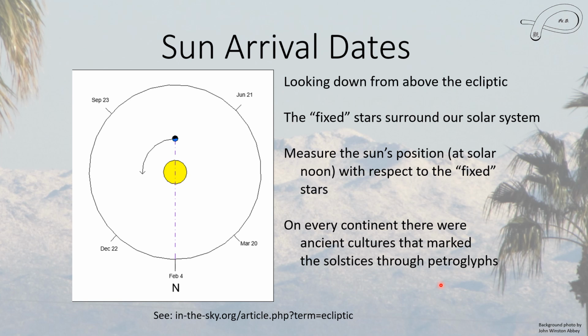But this is something that ancient cultures have done before we realized that the earth revolved around the sun. And it doesn't make any difference. We are thinking that the sun is somehow moving when we are the one who's doing the movement. But it will make sense, I hope, in just a second.